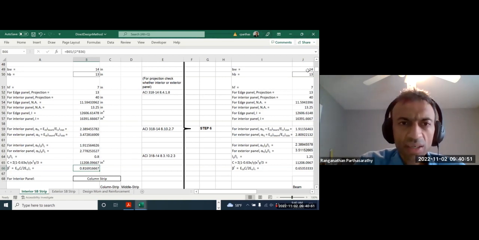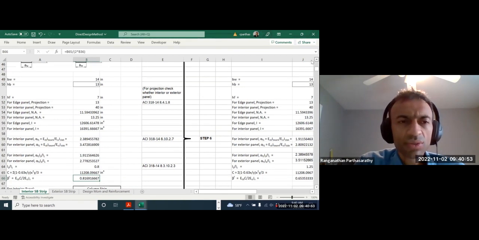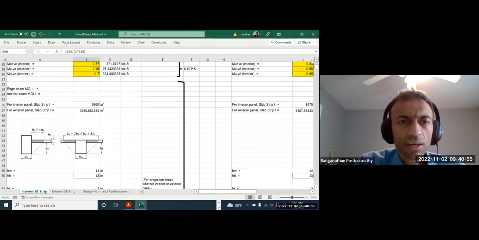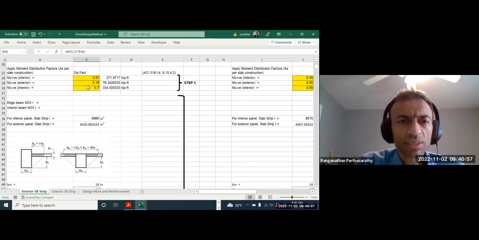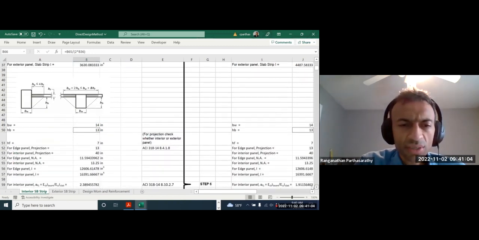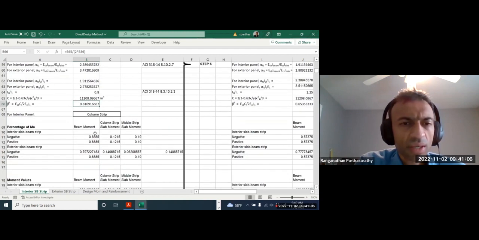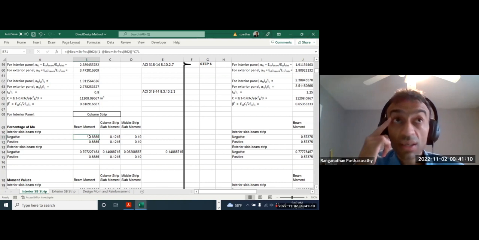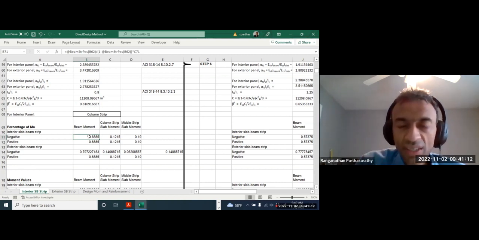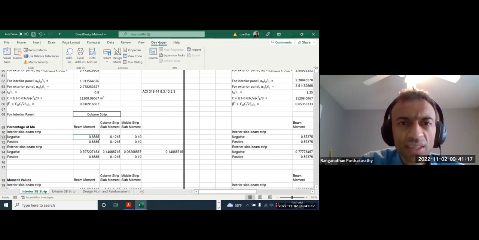Now what is the next step? We have our moments from here: positive moment, negative exterior, and negative interior. These have to be distributed to column strip and beam strip. That's where the code comes in. And again, thank you very much to Mercy. I forgot how to view this.